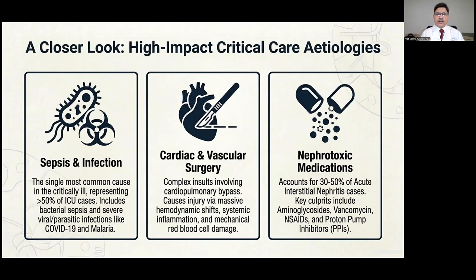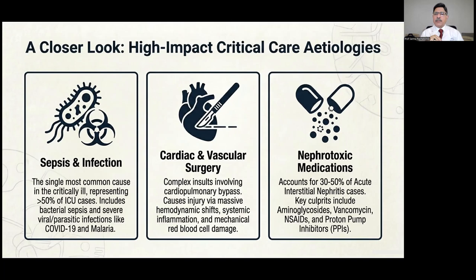Cardiac and vascular surgery, complex insults involving cardiopulmonary bypass, causes injury via massive hemodynamic shift, systemic inflammation, mechanical red blood cell damage. This is also mechanical hemolysis, because when you do the surgery or with prosthetic valves, a sort of hemolytic anemia develops, and this hemolyzed product will interfere with the renal structural proteins.